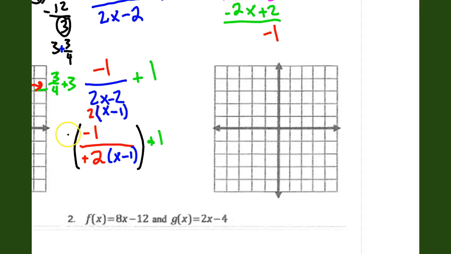So I'm going to pull the negative out. Right? So I'll have -1 on top, and the bottom will have a 2. So that will leave me with +1 on the inside on top, numerator, and then just x minus 1 on the bottom. So follow the colors here to see what changed.